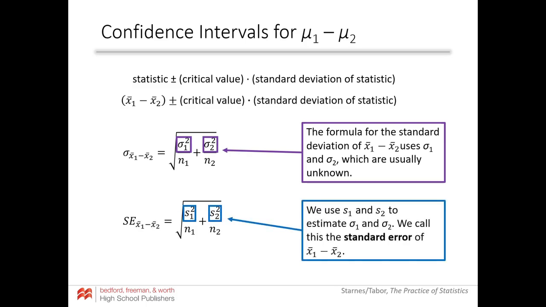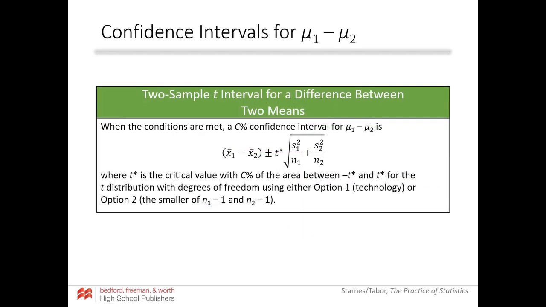We don't always know the population, and that's called our standard error because it's a standard deviation of the statistic. So now we have x bar 1 minus x bar 2 for our statistic, and then we're going to have this whole equation plugged in for our standard error, and we're still going to be using t star because we're talking about means. So this is our final equation for constructing our interval.